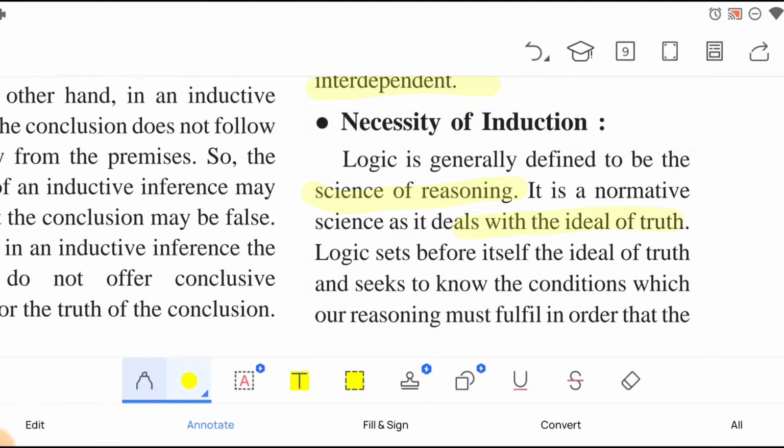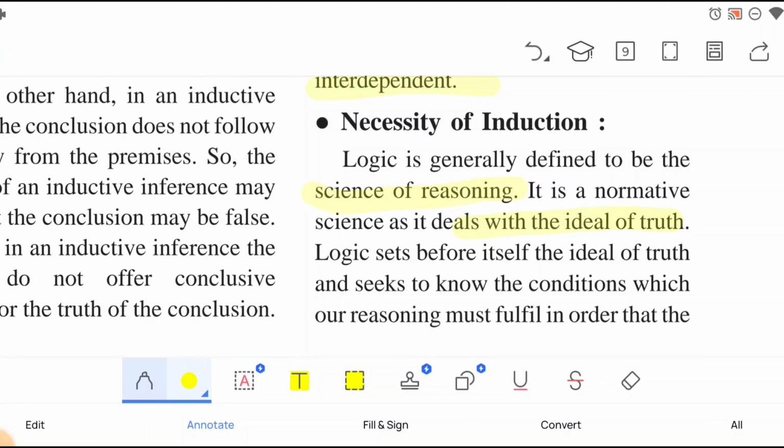If a subject has some ideology or idea, or there is some certain aim, then we call it as normative science. আদৰ্শ বিজ্ঞান বুলি কওঁ আমি. So আমাৰ যিটো লজিক আছে, লজিকৰ এটা আদৰ্শ আছে, that is truth.